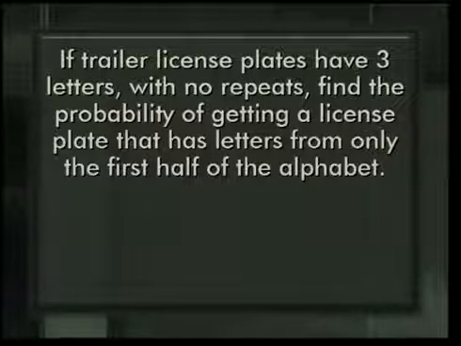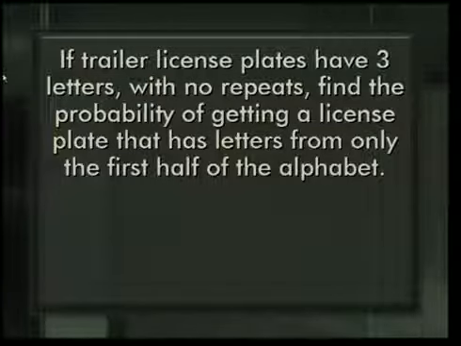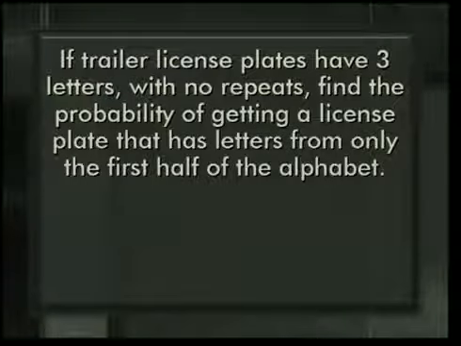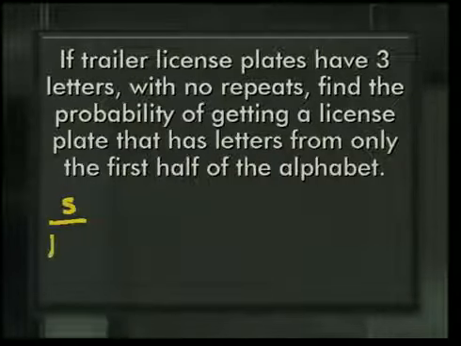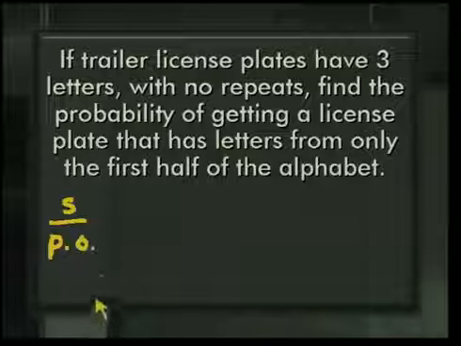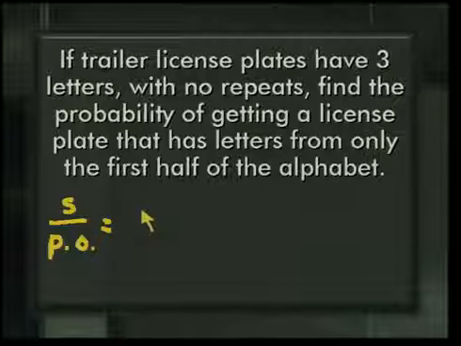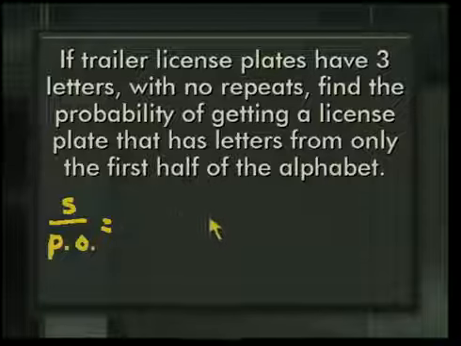If trailer license plates have 3 letters, just for sake, with no repeats, find the probability of getting a license plate that has letters from only the first half of the alphabet. So remember, we want our success out of our possible outcomes. Okay, so we have 3 letters, and we have to use our fundamental principle of counting, that we're going to multiply them together.